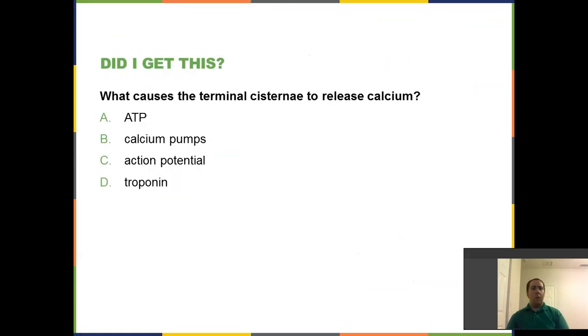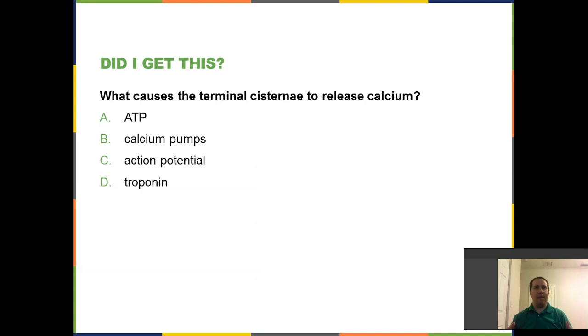So, what was it that caused the terminal cisterna to release that calcium? Is it the troponin? How did this whole thing start?